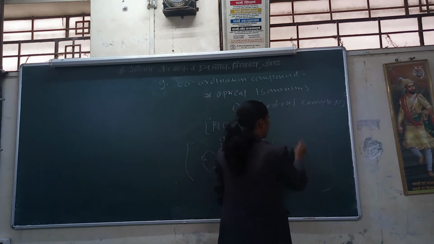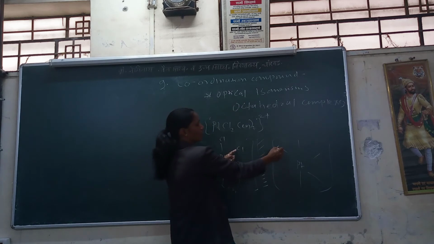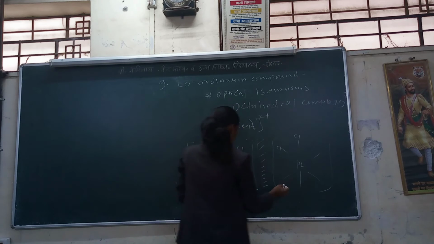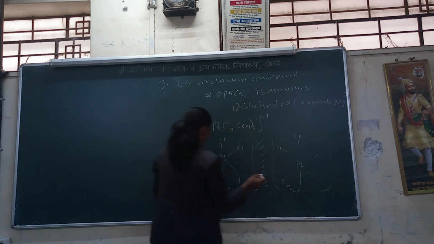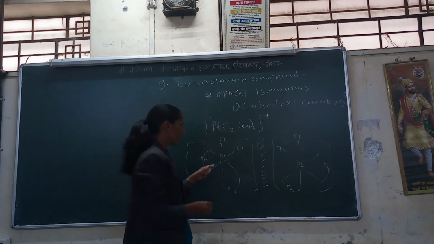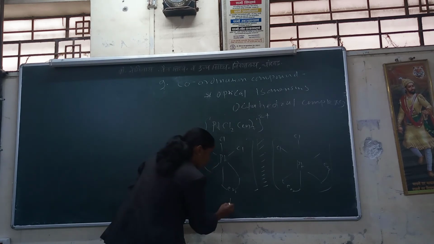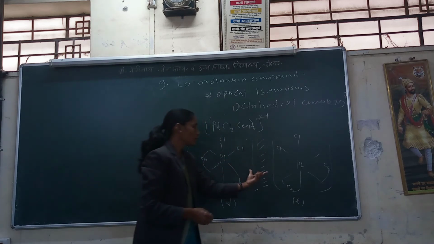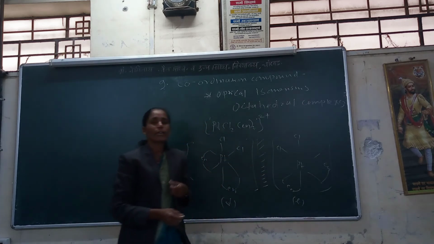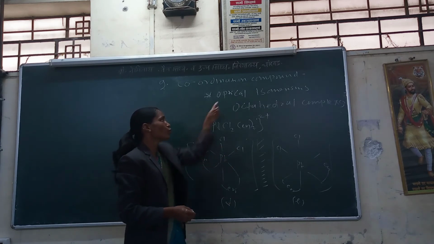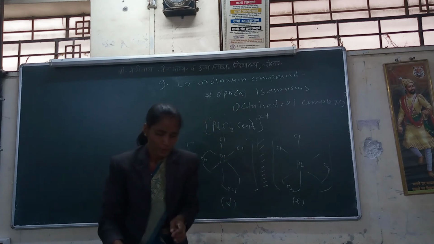Platinum, here Cl in front of the mirror, Cl, again here Cl, here en and en. This is dextro and levo. These are two enantiomers, meaning mirror images. That's why it shows optical isomerism.